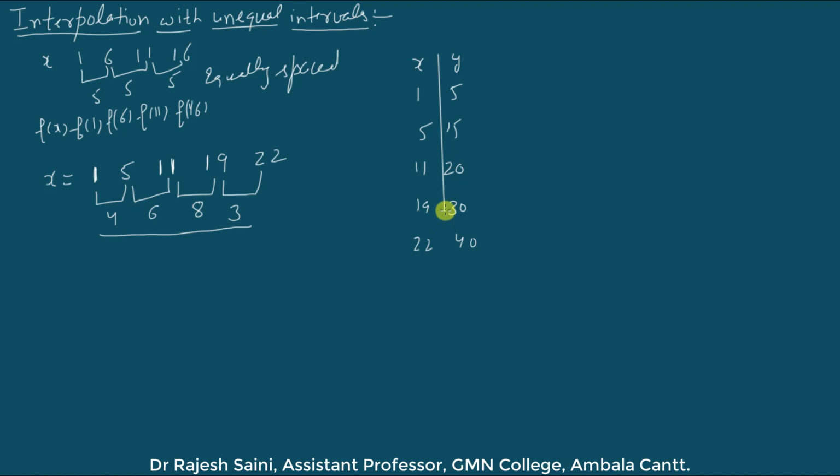So these are the values of the function y = f(x). So firstly in the examination we will check the interval of differencing. Here the difference is 4, here the difference is 6. So immediately we will identify that the question does not belong to the Newton forward and Newton backward interpolation formulae.